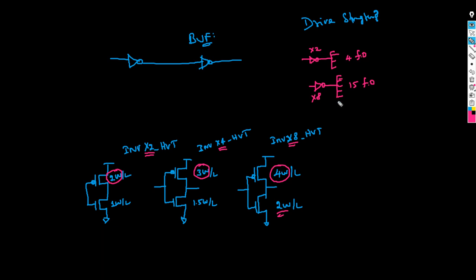And again, you may have more number of fan out. Say you have a 24 fan out, then you might need say X16 kind of thing to drive all these things. So you definitely need different drive strengths, so that you can size the cell depending on its load.